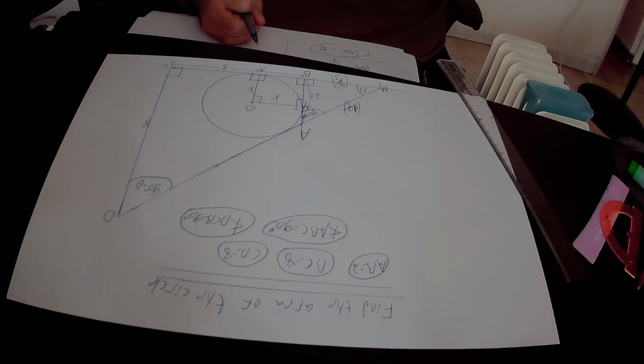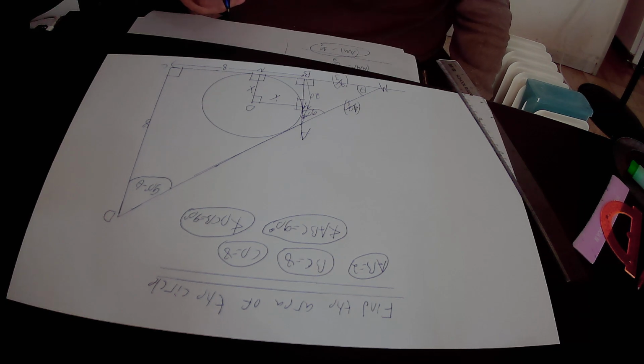Okay. In the next step, we'll do a construction. We'll build a perpendicular on BC in such a way that it will be also tangent to the circle.